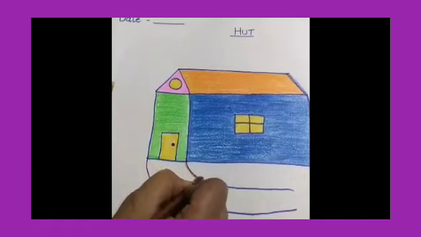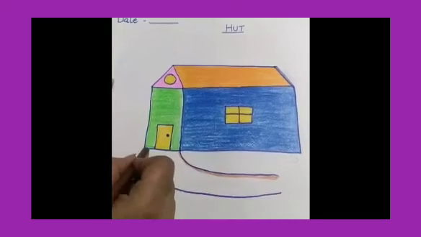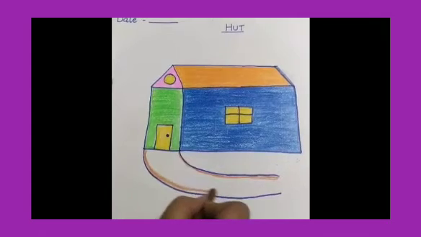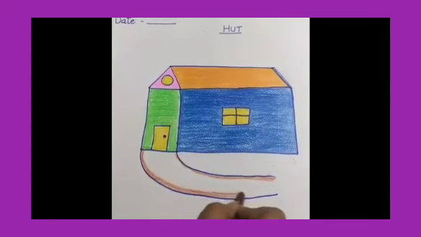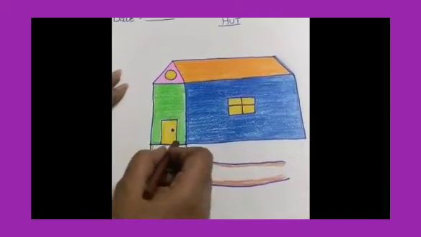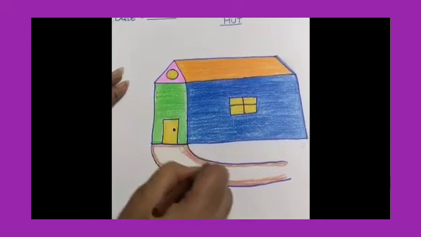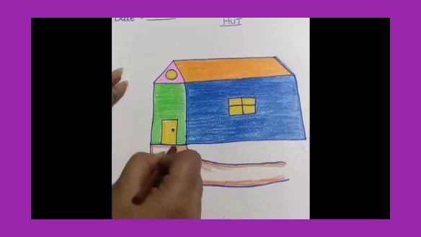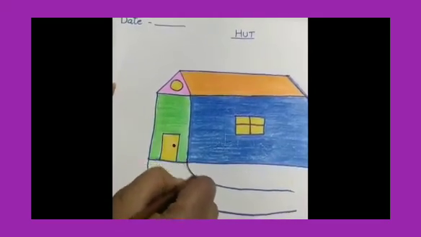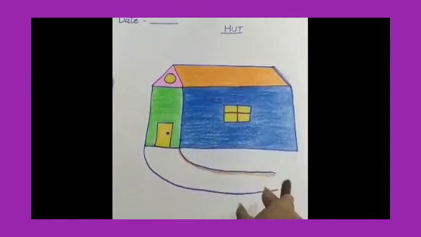Now do coloring in this part. Now do coloring in this part.